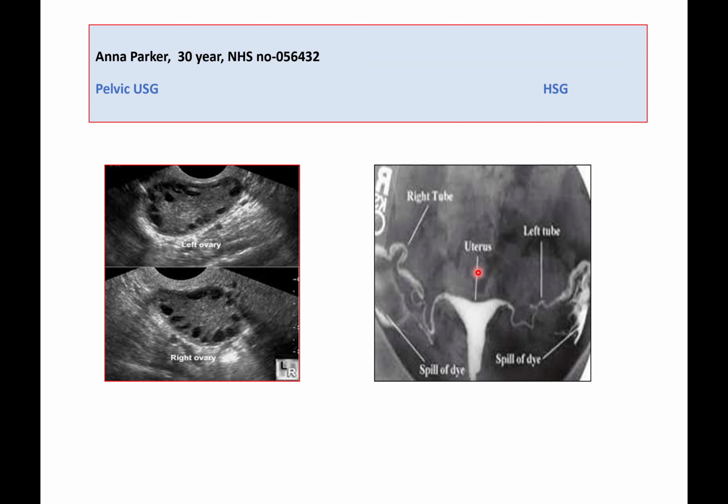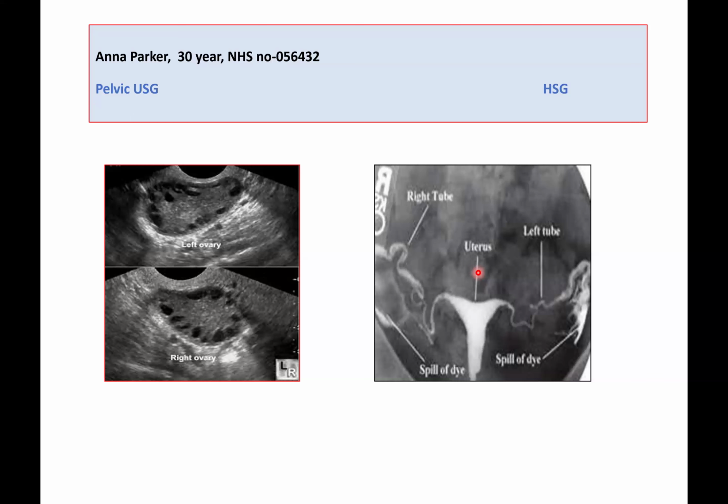It shows both the right and left ovary, with multiple follicles arranged in a pearl necklace pattern. They seem to be more than 12 in number, and the diameter is less than 10 mm. So this seems to be a case of polycystic ovaries.